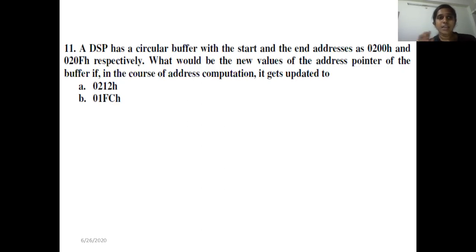The start address and end address of the circular buffer are provided. What would be the new value of the address pointer of the buffer if, in the course of address computation, it gets updated to this value?